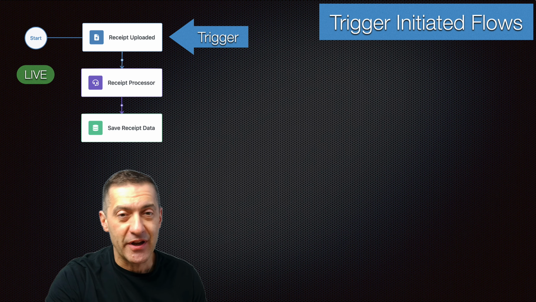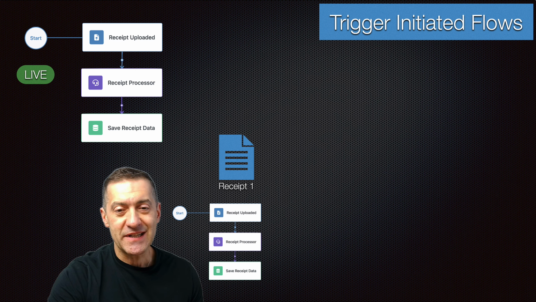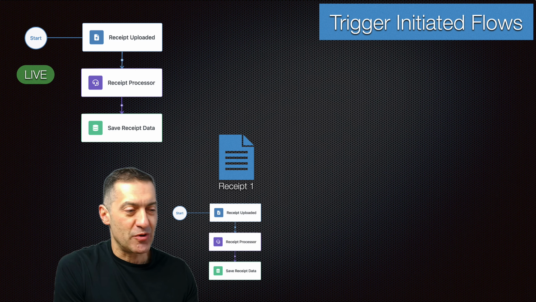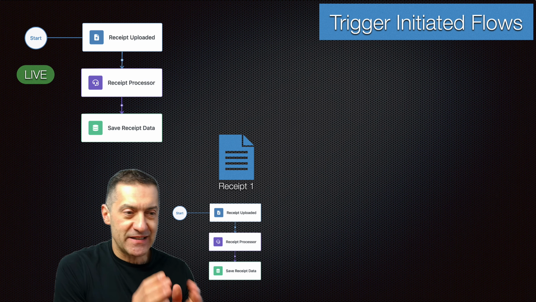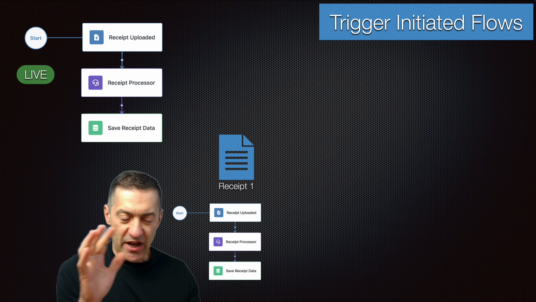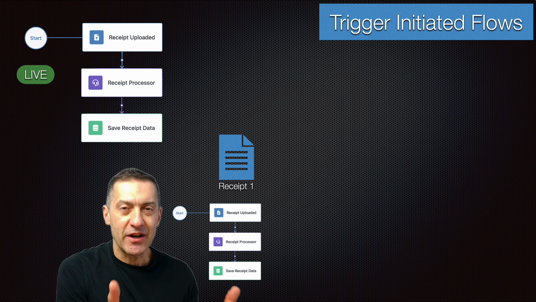So here's our trigger, and let's say that a file is uploaded. In this case, FlowRunner automatically creates an instance, a running version of your flow, and that instance is dedicated entirely to that specific file. The whole execution is sandboxed to whatever event initiated that flow.